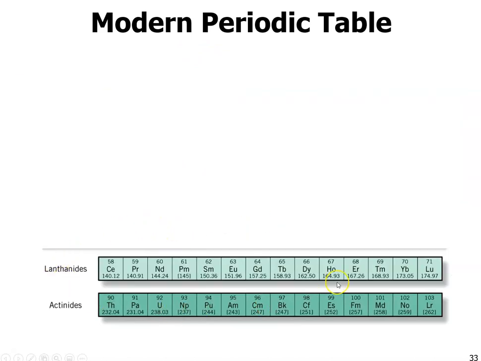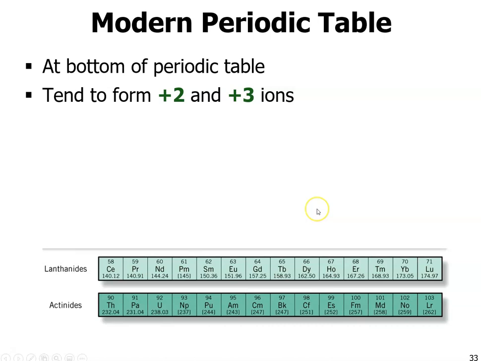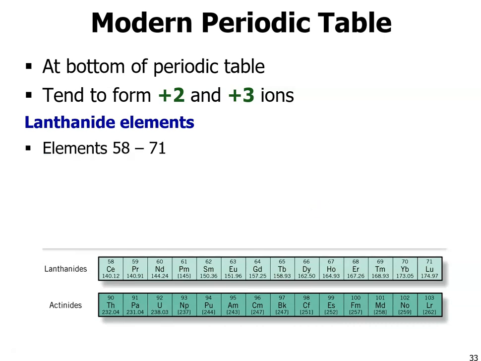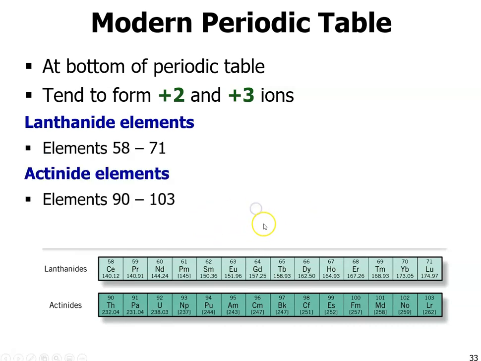And down here are the lanthanides and actinides. At the bottom of the periodic table, they typically tend to form +2 and +3 ions. The lanthanide elements here, 58 through 71. The actinides, 90 through 103. All of these down here are radioactive, which essentially means that they fall apart.